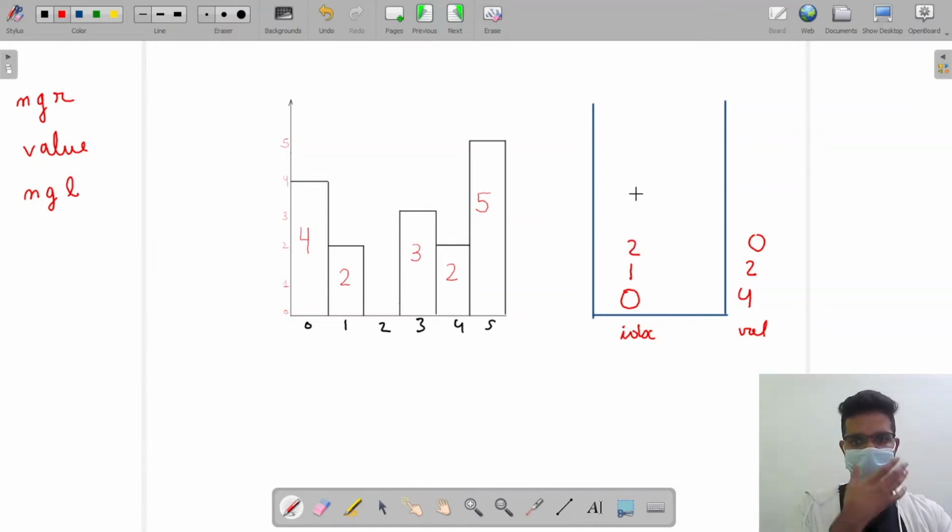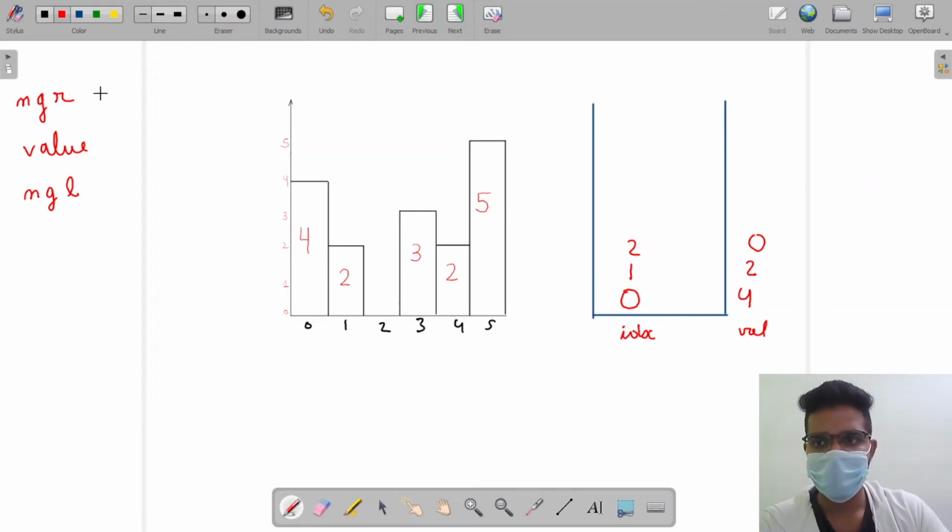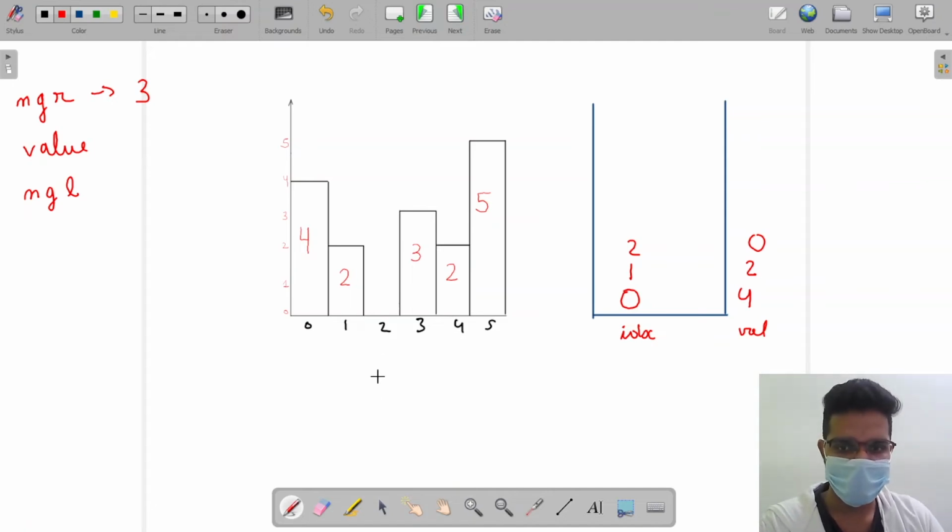Now we are talking about our third index, that is value 3. So we know that 3 is greater than the top element of our stack, that is 0, right? So that means 3 is our next greater right, or just max right. And for which value? For 0th value. So I'm going to pop, and here my value is going to be 0.